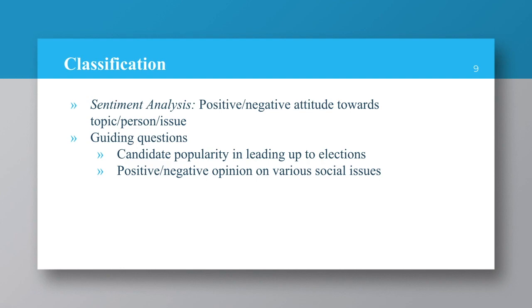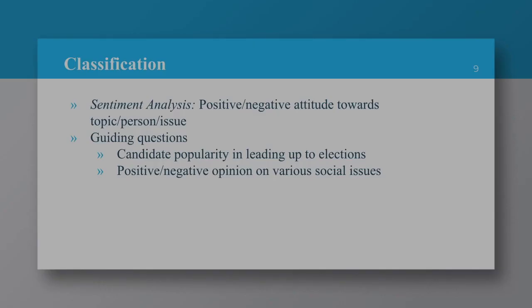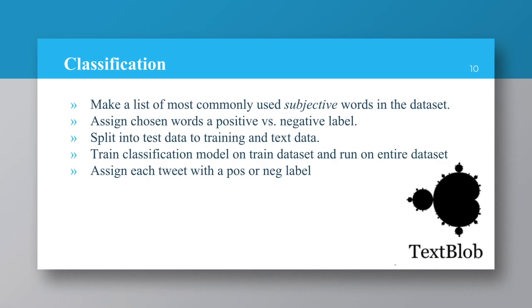In this project, the tweets from US President Donald Trump will be classified as positive or negative based on a classifier that is also trained on these tweets. To do this text processing, I will be using TextBlob, which is a Python library for processing textual data.